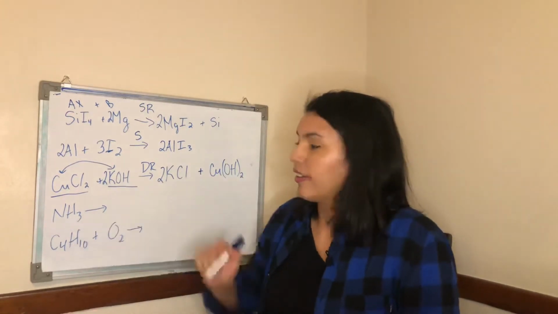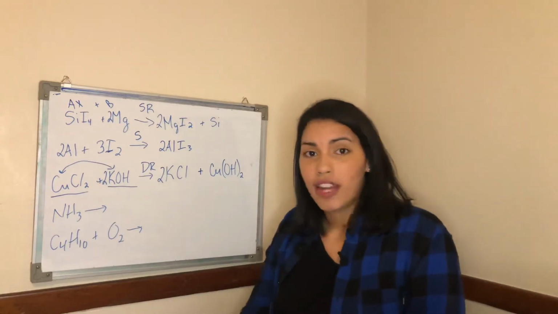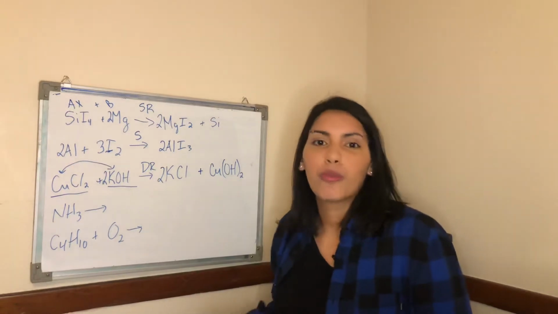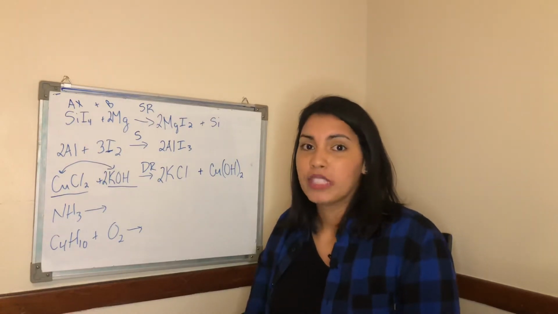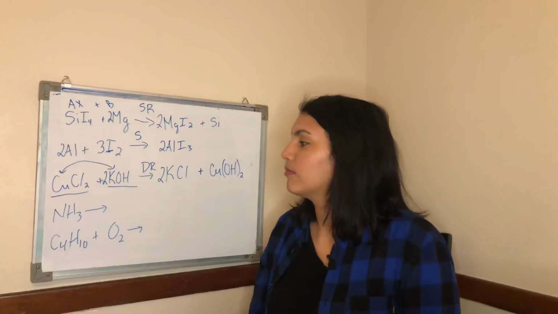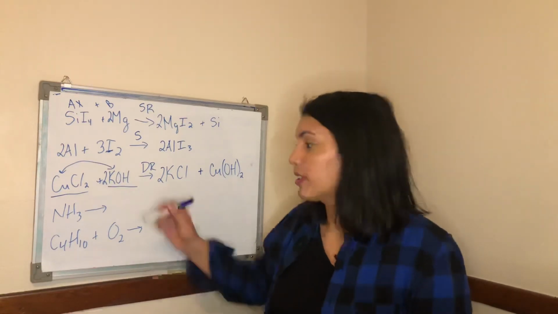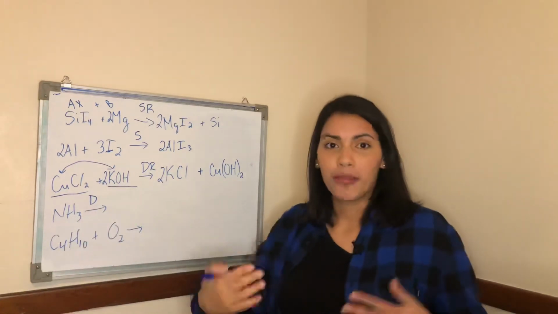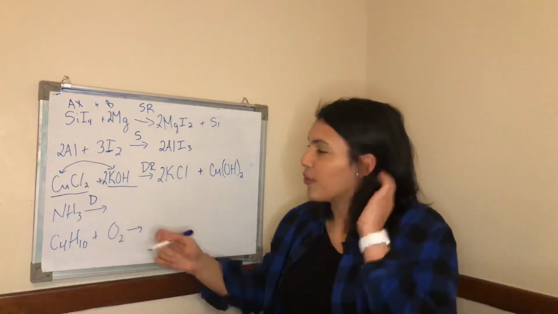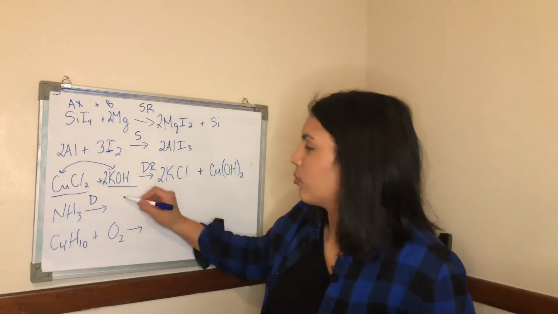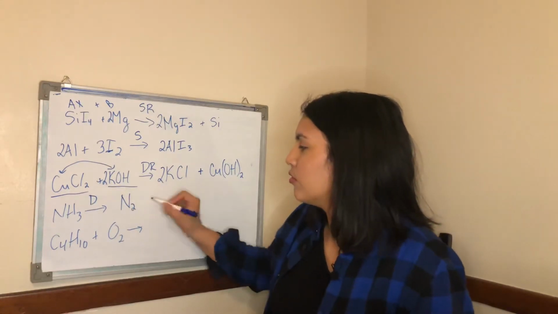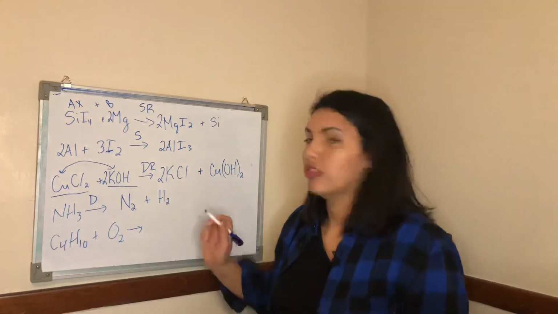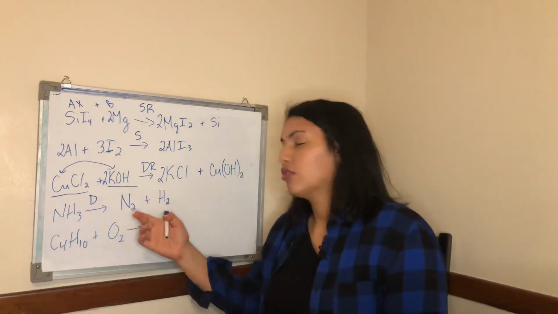So all I have here is NH3. So I just have 1 compound. What do you do when you just start with 1 compound? What type of reaction is it? Decomposition. So I'm just going to put a D for decomposition. You're starting with one thing. The only option it has is to break down. So if I have NH3, then I'm going to break down to N2 and H2. So why am I putting a 2 here?